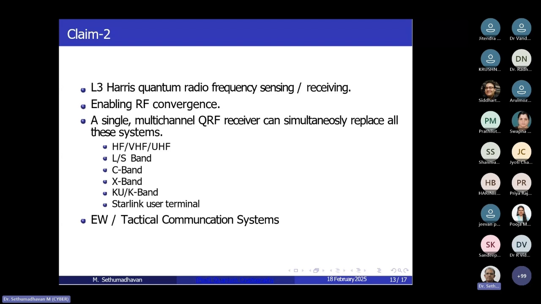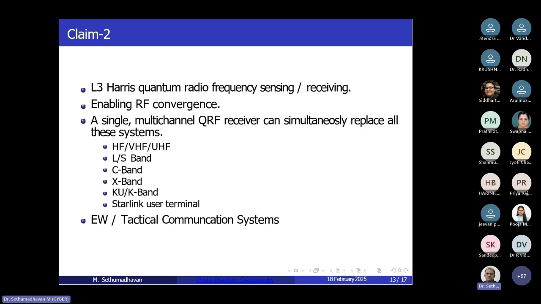But not crypto basically. So quantum sensors are developed, and the claim of this company is they were enabling RF convergence. For example, if you want to use an ordinary receiver, you may have to tweak it or develop a lot of individual algorithms in the case of HF, VHF, UHF communication, L band, S band, C band, X band, Ku band.